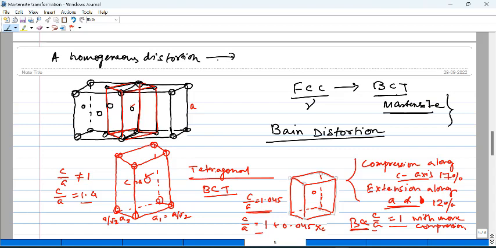A homogeneous distortion of that kind, which leads to a change in the crystal structure by compression or extension along the crystal axis, is known as a Bain distortion.